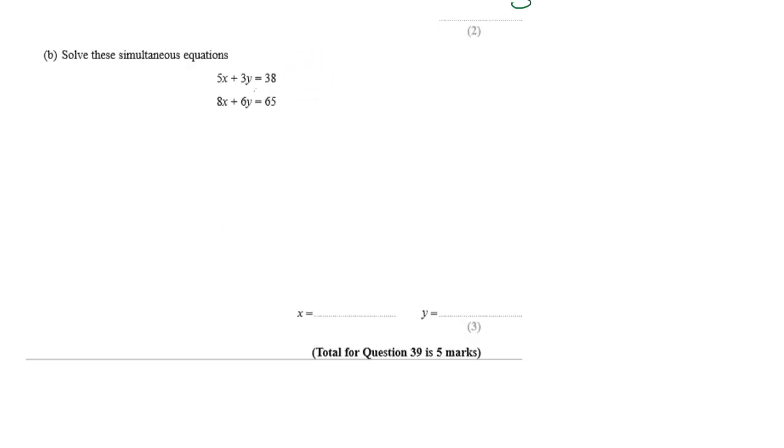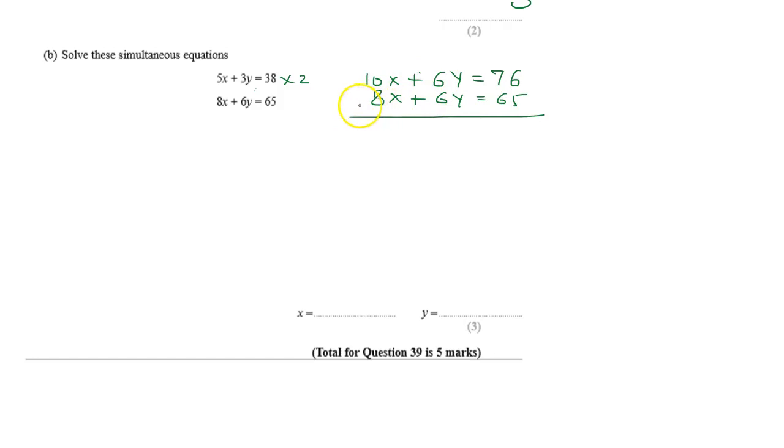So if I multiply by 2, so it will be 10x plus 6y is equal to 76, and this is 8x plus 6y is equal to 65.